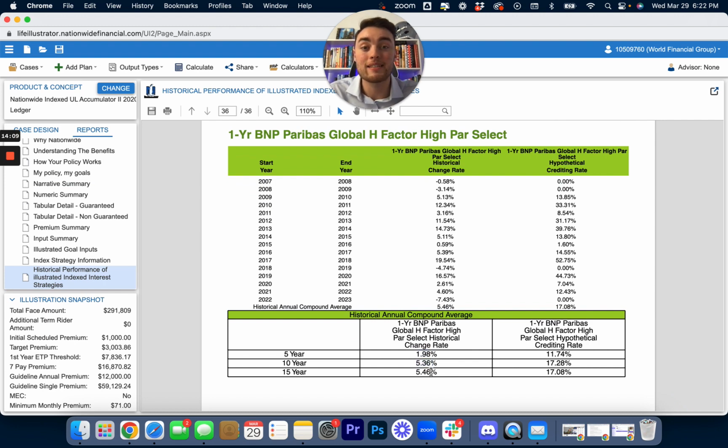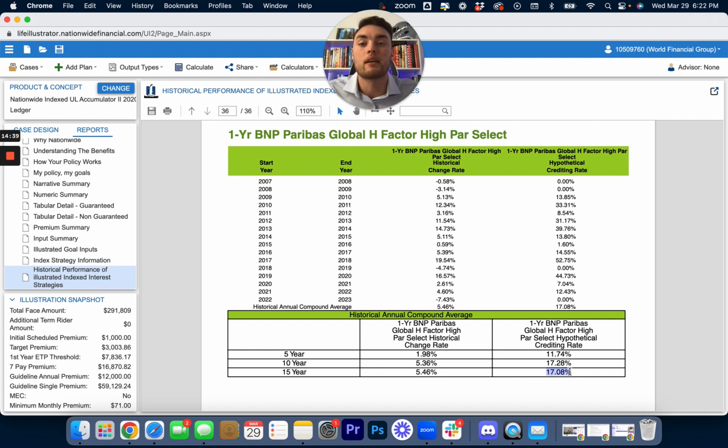But because this specific index strategy is attached to an IUL and attached to Nationwide, Nationwide is basically saying, okay, you make 5.46% with this index strategy, we're going to multiply that by 2.7. So the interest that will actually get credited into your cash value accumulation account is going to be 7.08%.